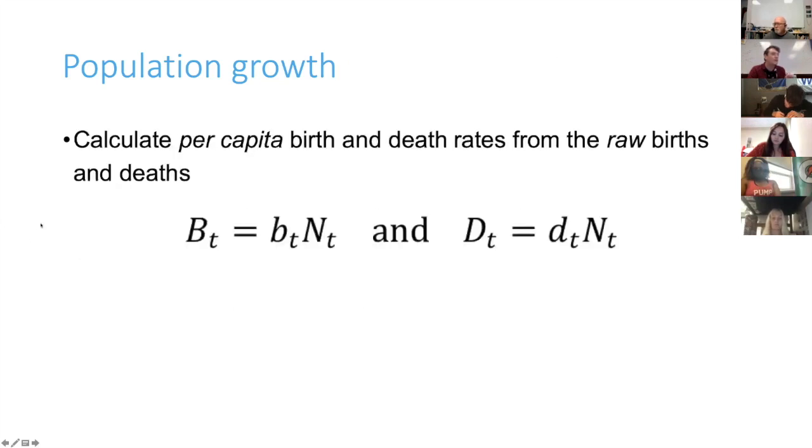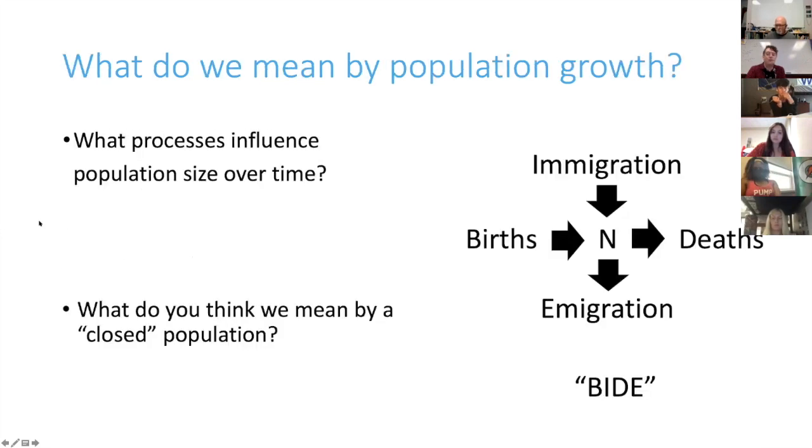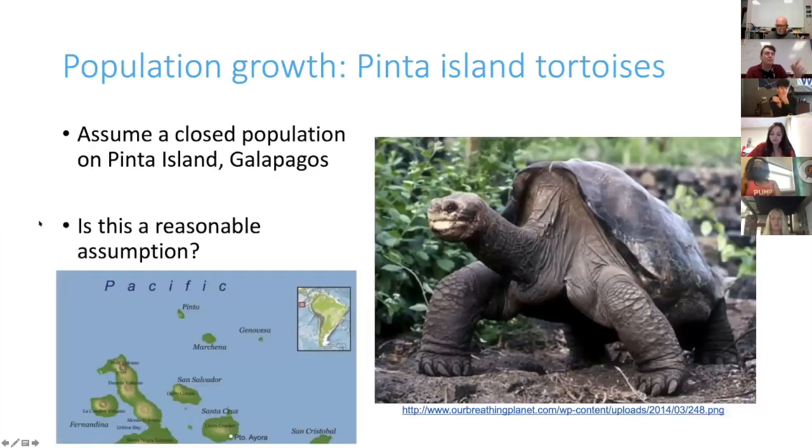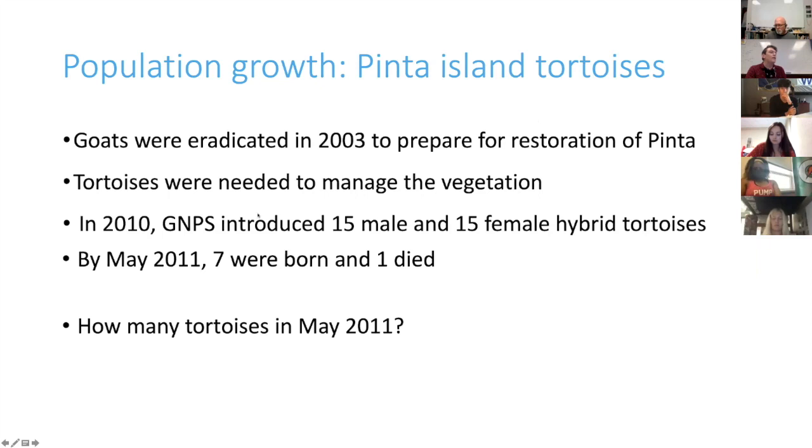They wanted to repopulate the island not just with any tortoises, but with these saddleback tortoises, or with the tortoises with the high front of the shell. That was the kind of tortoise they wanted to repopulate it with, because these tortoises can reach up higher for different kinds of vegetation. So they eradicated goats, but then they needed to bring the tortoises back to manage the vegetation, because once they removed the goats, all the plants went crazy.